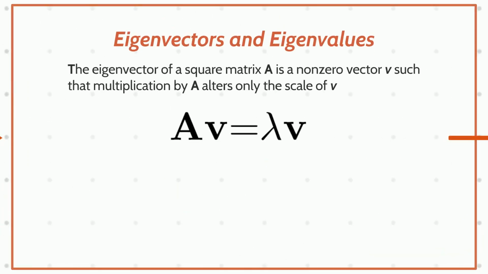So the eigenvectors are the vectors that the linear transformation A, where A is a square matrix, merely elongates or shrinks, and the amount that they elongate or shrink is the eigenvalue. This equation here is called the eigenvalue equation or the eigenvalue problem.